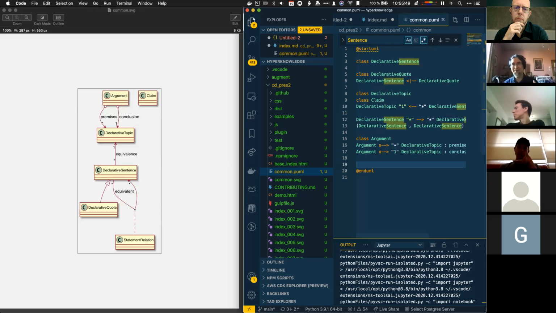It's a specialization of the same diagram with entities. Everything we've said so far, it seems declarative topic and claim are equivalent. I would prefer claim because it's the word we always use, and declarative topic is kind of derived from your point of worldview that is harder to explain to outsiders, I think.